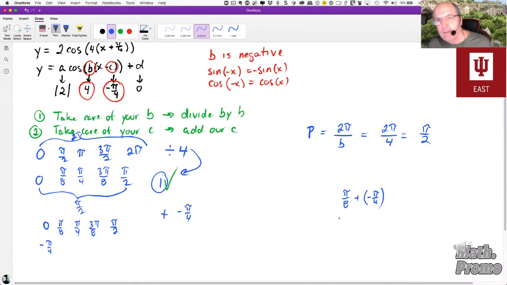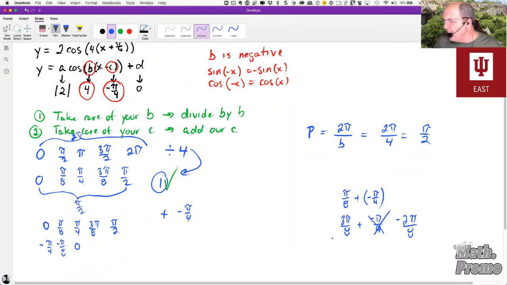What's that equal? That's right, negative pi over 8. What's pi over 4 plus negative pi over 4? It's 0. What's 3 pi over 8 plus negative pi over 4? So let's do that one again. If we have 3 pi over 8 plus negative pi over 4, negative pi over 4 is the same as negative 2 pi over 8.